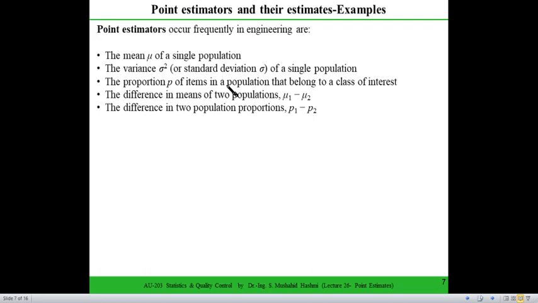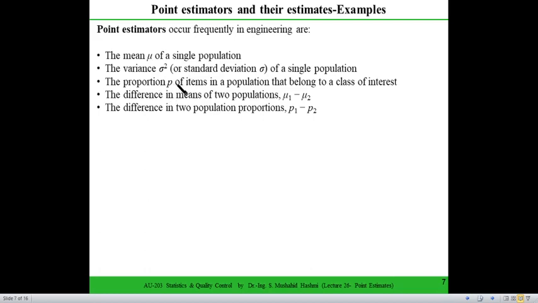Okay, so at this point, your point estimators, which are frequently used in engineering, would be a single best estimate, a prediction about your population from a sample. Mu could be one of the parameters, variance could be one of the parameters, or proportion.